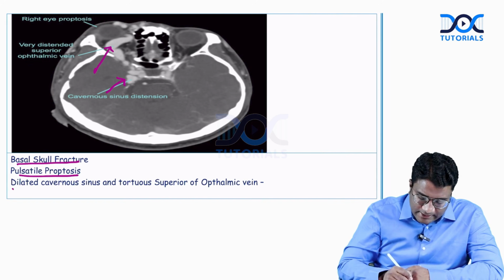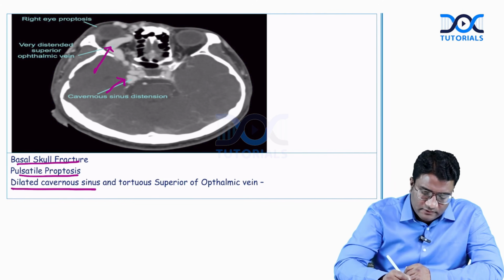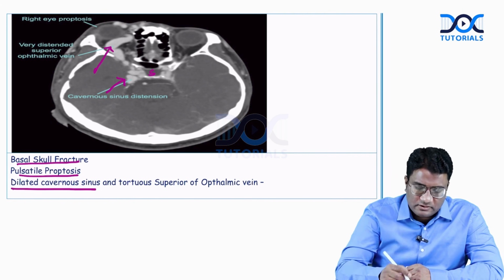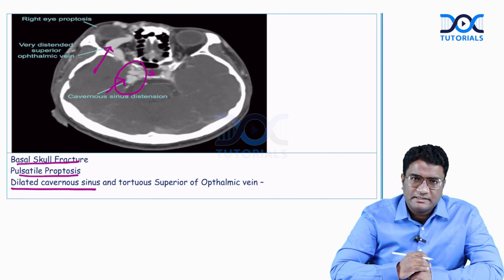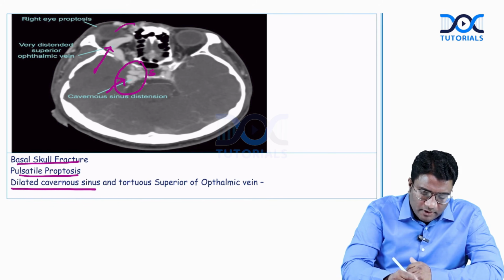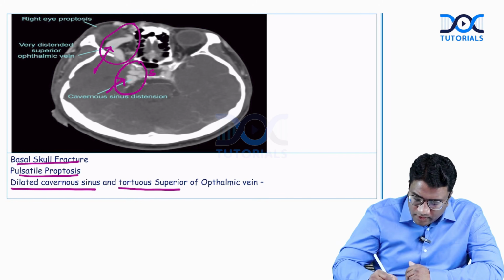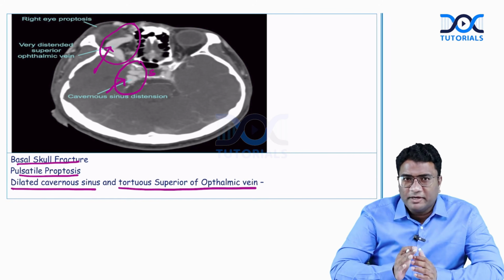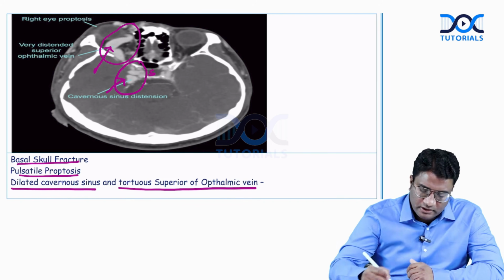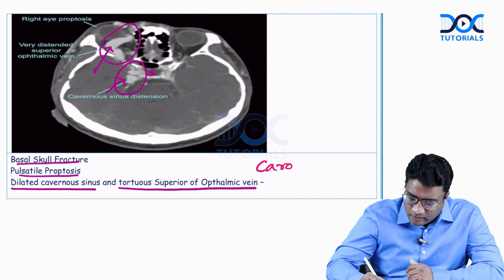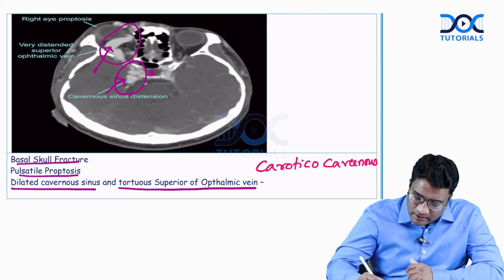On either side of the sella, you are seeing the cavernous sinus. On the right side, you can see a prominent cavernous sinus, and the right superior ophthalmic vein going to the orbit is dilated. This should make you think of a condition called caroticocavernous fistula.